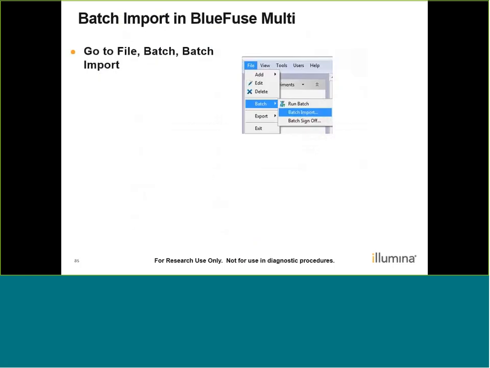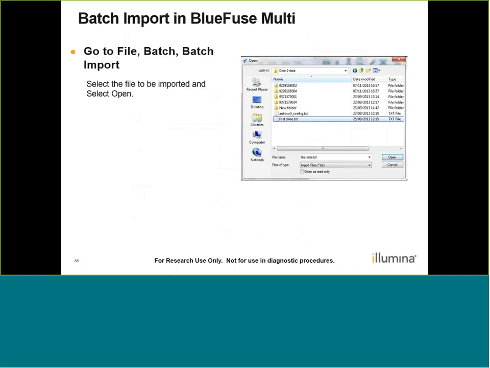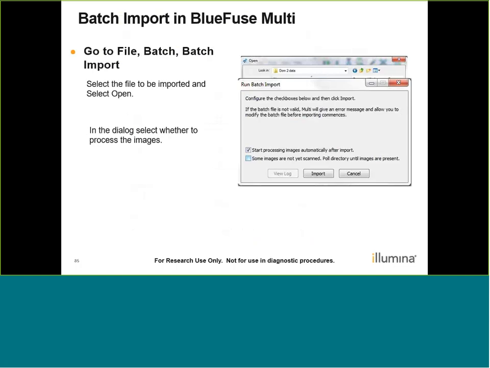Once you have that batch import file, you'll go back to BlueFuse Multi, choose Batch, Batch Import, select the batch import file, select Open, and then you have a couple of choices. While you're importing that data, you can select that it will start to process the data immediately upon import.